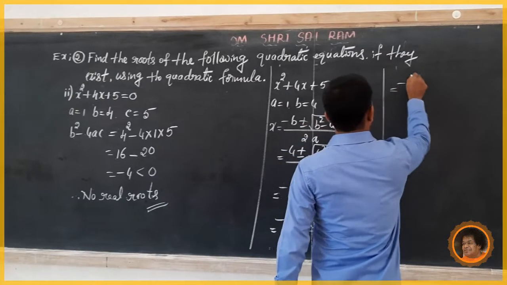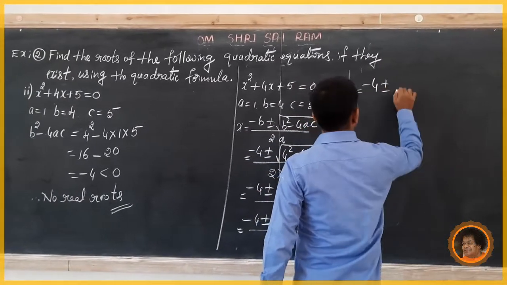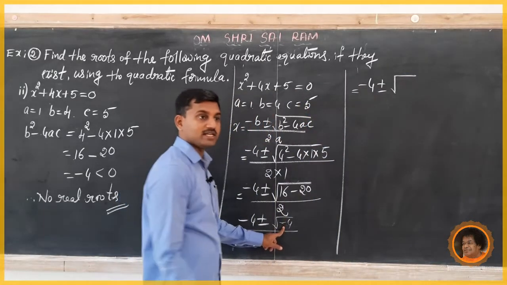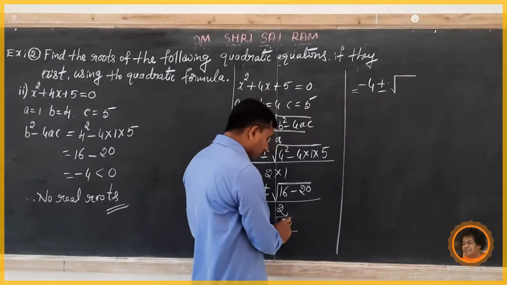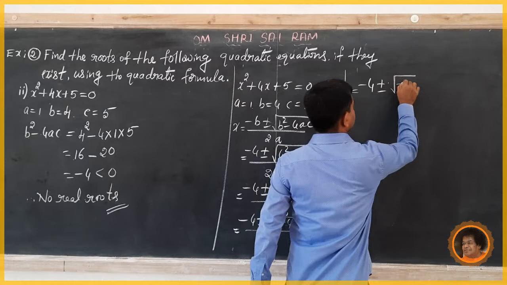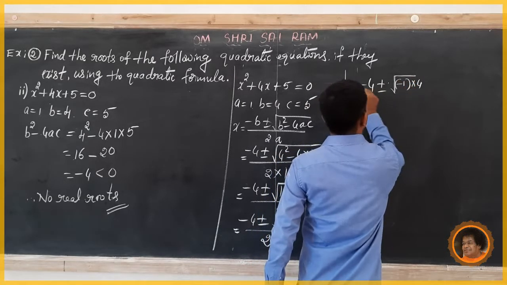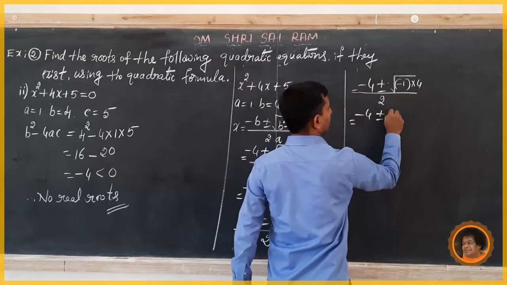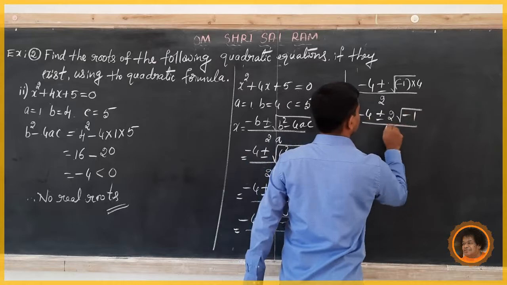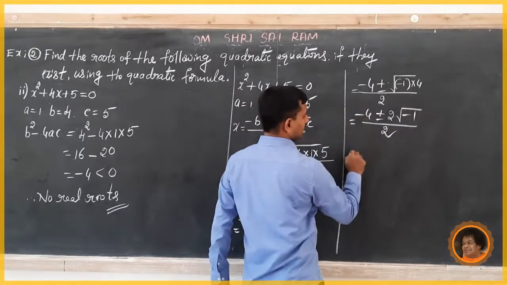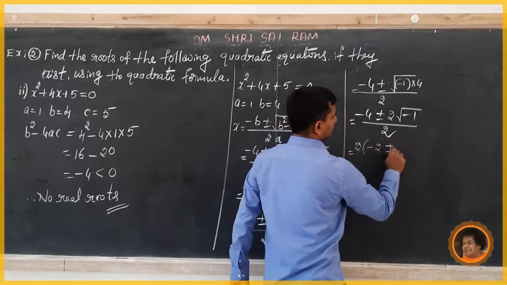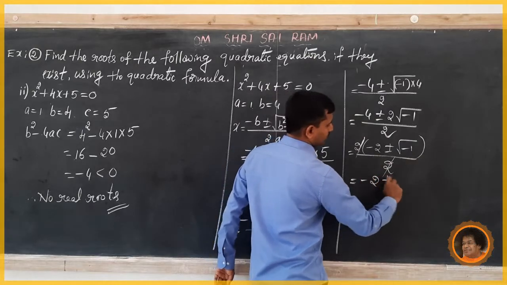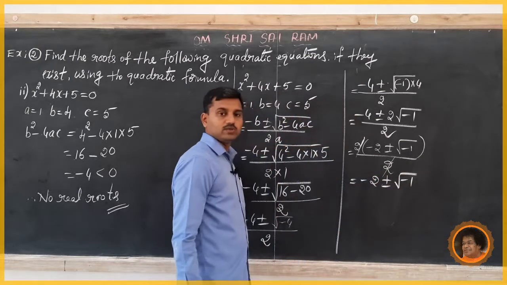Minus 4 means we can write the square root of 4 as minus 1 into 4, divided by 2, equal to minus 4 plus or minus 4 square root of 2 into square root of minus 1, divided by 2. So here 2 is common, take 2 outside: minus 2 plus or minus square root of minus 1, divided by 2. So 2 cancels, equal to minus 2 plus or minus square root of minus 1.